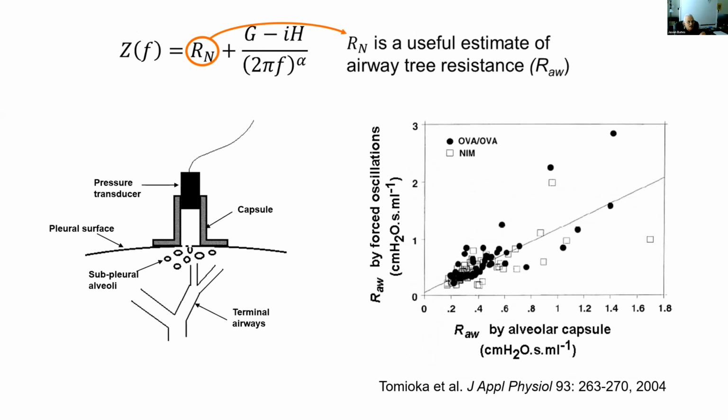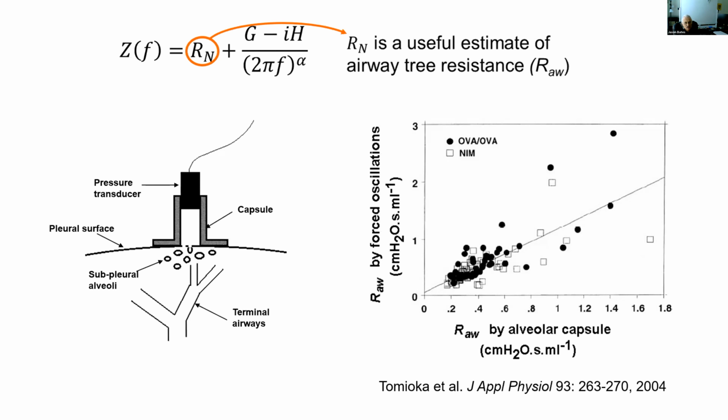And when you do this many times, comparing directly measured airway resistance to that resistance parameter up there, there's a bit of scatter because the lung's not perfectly homogeneous, but they lie pretty nicely around the line of identity. So we've always used R sub n, which means Newtonian resistance, as a useful estimate of the resistance due to flow of gas through airways in the lung.